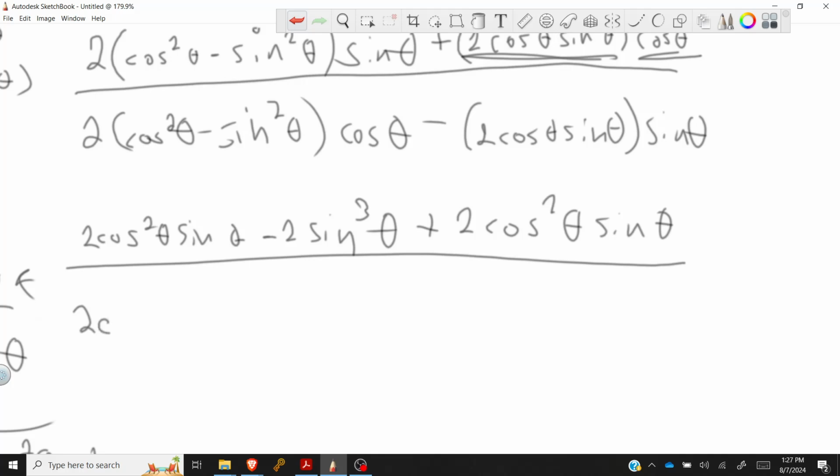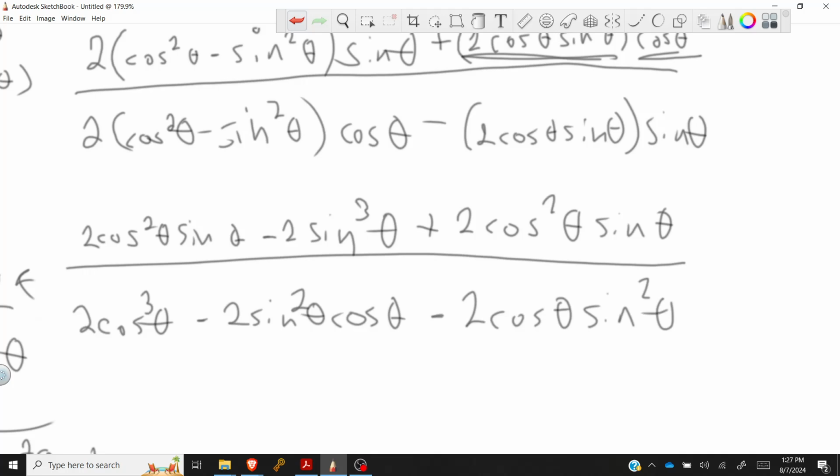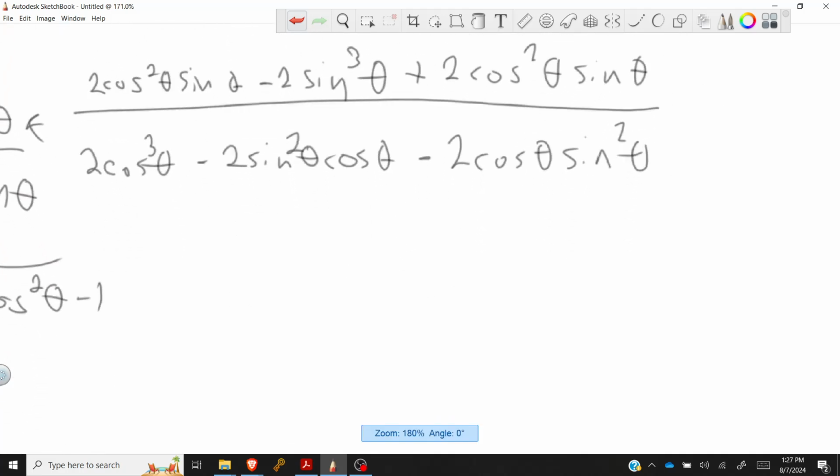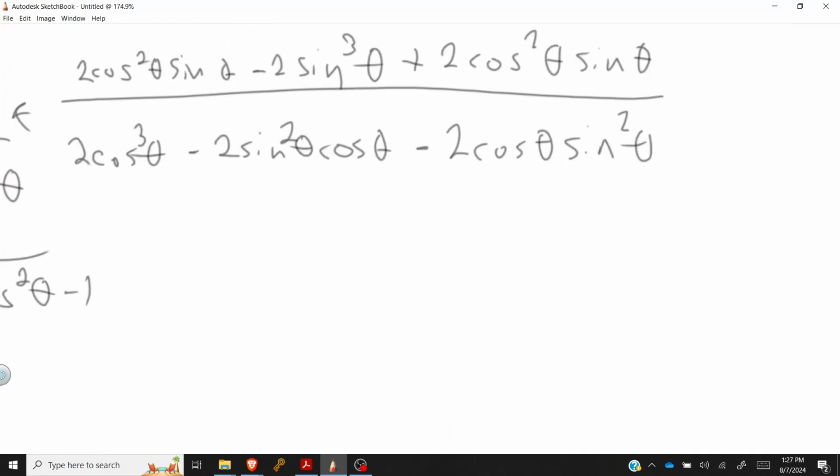It's going to be 2 cosine cubed theta, because this times this, minus 2 sine squared theta cosine theta. And then I'm subtracting 2 cosine theta sine squared theta. So now you can see we have some more simplification to do.